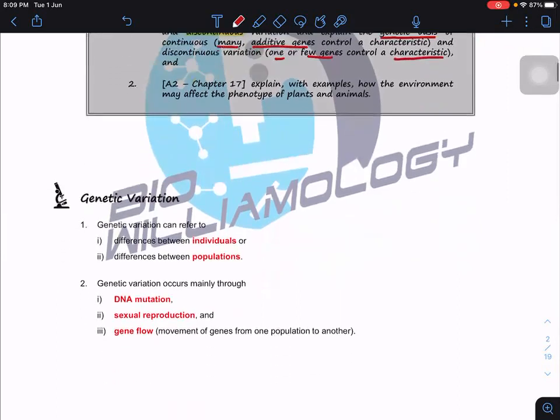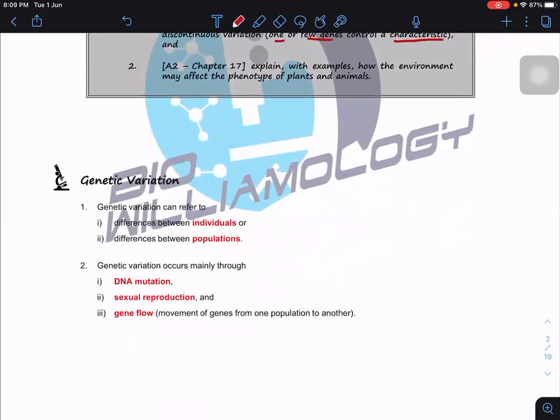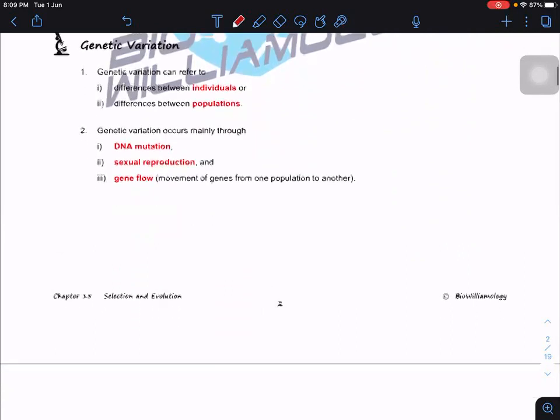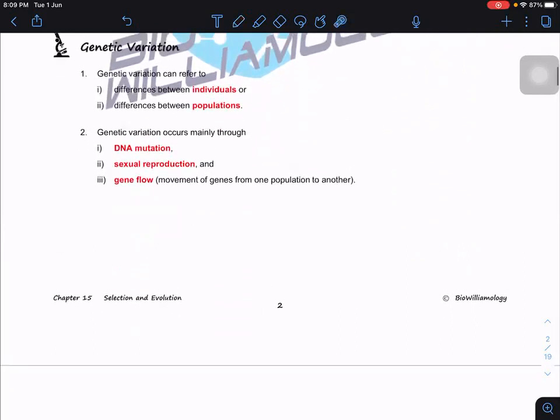And the second part of today's topic, we're going to explain by example how the environment will give us effects on the phenotypes of plants as well as animals. So first thing, we look at genetic variation. When we talk about genetic variation, what does it actually refer to? It refers to 2 important points here: difference between individuals, for example, between you and your siblings, you and your friends.